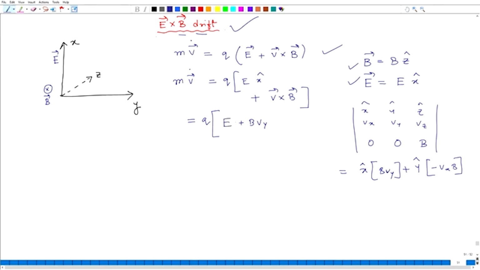So, q times E plus v y B, times x cap, minus v x B y cap.